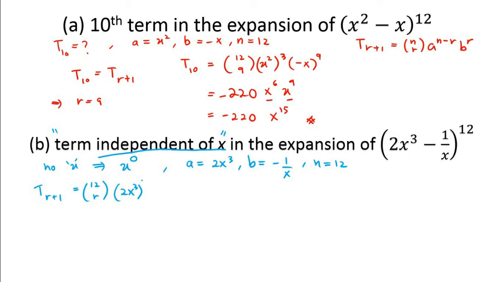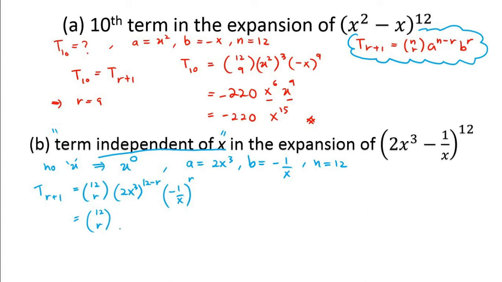But then we know that this should follow through this formula here, so that should be 12 minus r, followed with negative 1 over x to the power of r. Okay, so simplify all the things that you know so far, but then you don't know what r is, right? So just let it be.